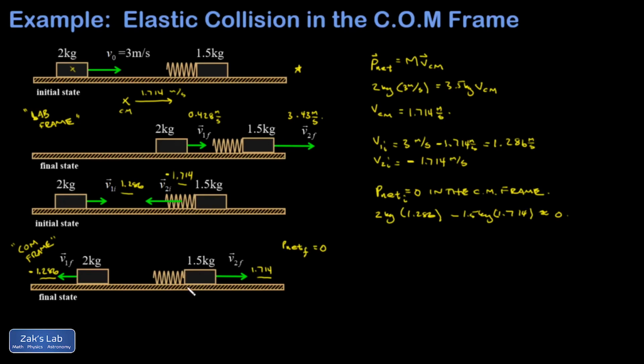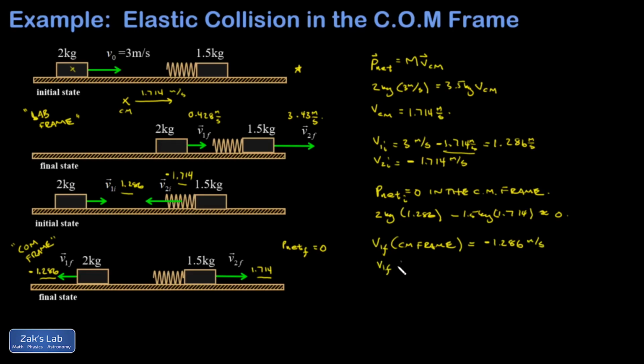So there's one final step. I have to figure out how this translates to the lab frame. And to get into the center of mass frame, I had to subtract 1.714 meters per second from each of the velocities. Now I have to add it to get back to the lab frame. So V1 final in the CM frame is negative 1.286 meters per second.